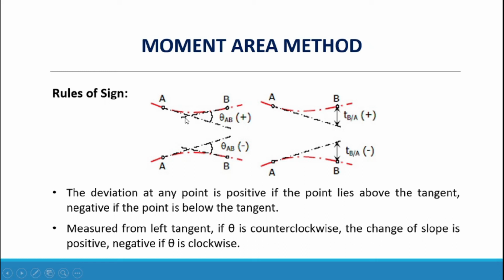Measured from the left tangent, if theta is counterclockwise, the change of slope is positive, and negative if theta is in the clockwise direction.